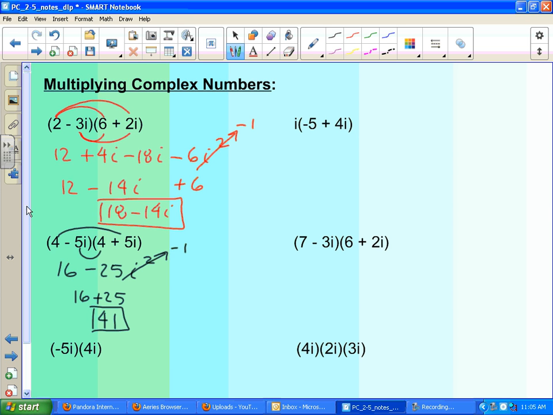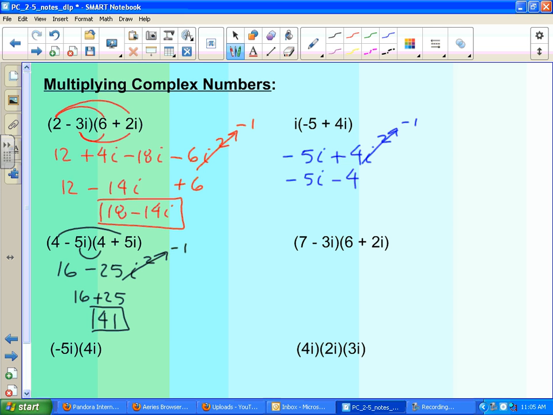Yes? On the second one? Yes, on this one over here. It comes out to negative 5i minus 4. You have to write it as negative 4 minus 5i.